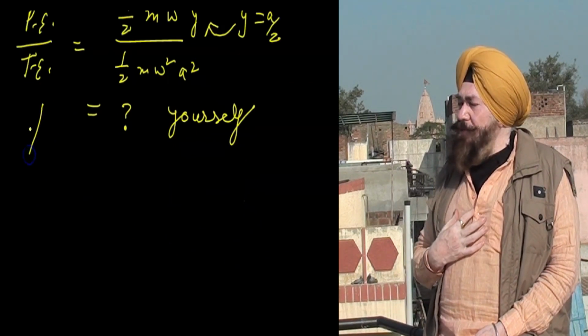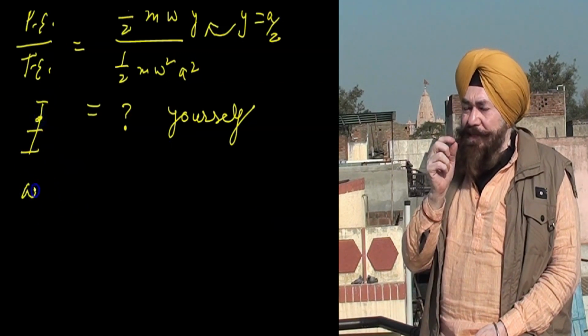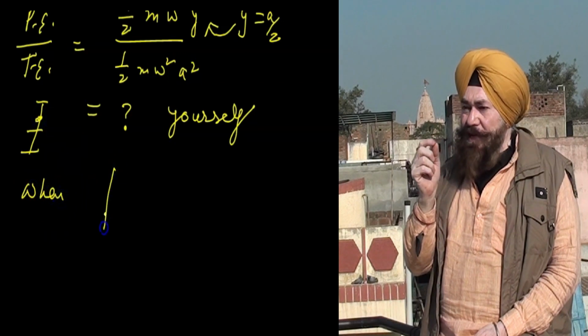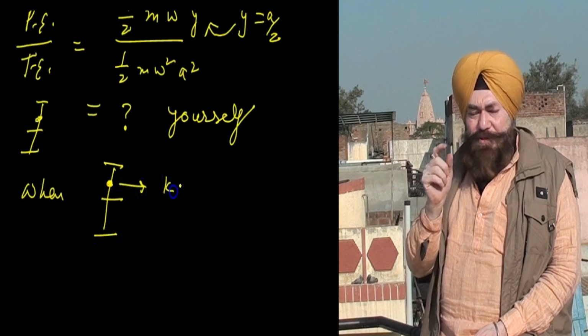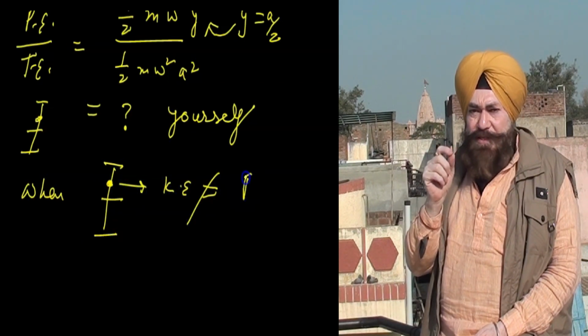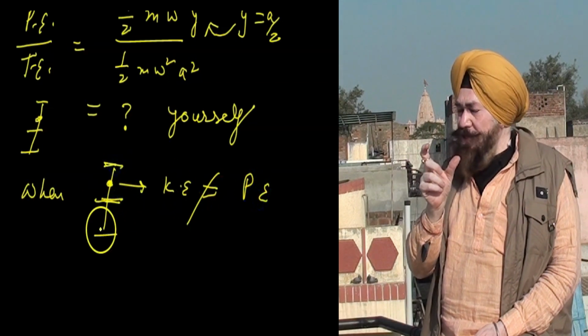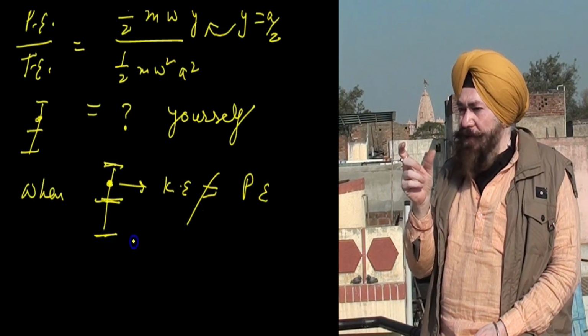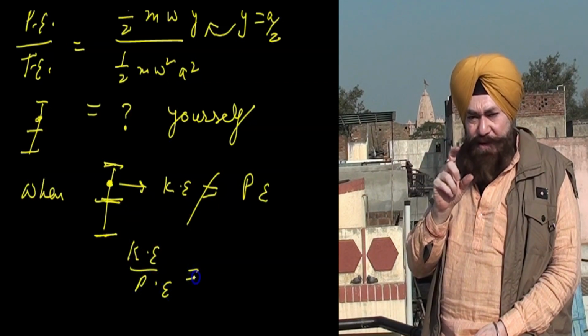One thing is very important. Sometimes you may assume that when the particle is at the midway, the kinetic and potential energies are equal. They are not equal. In this numerical you find the relation between them, and they are not equal.